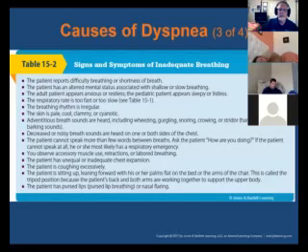We're listening for equal breath sounds bilaterally, noting if they're diminished on one side or the other. That's a clinical term for less volume, lower volume in the breath sounds from one side to the other, diminished breath sounds.